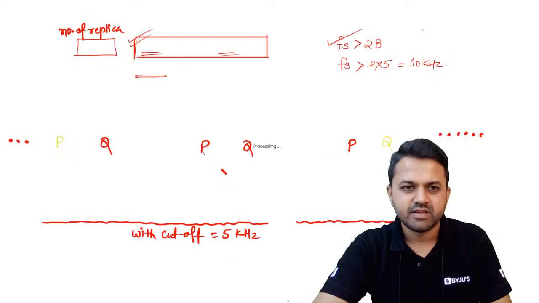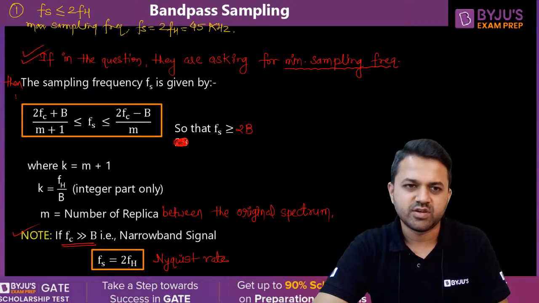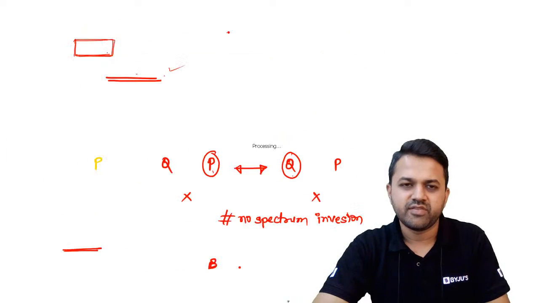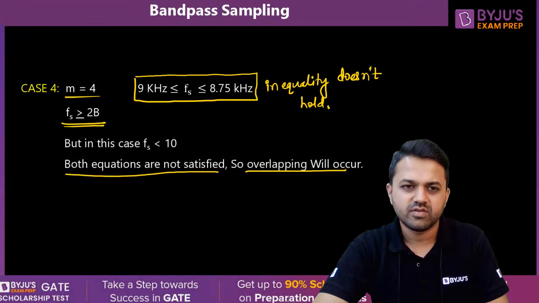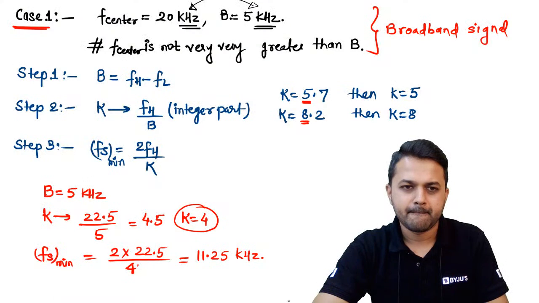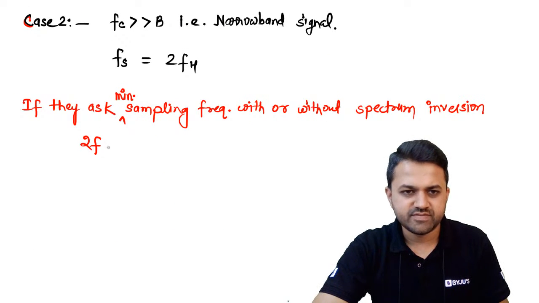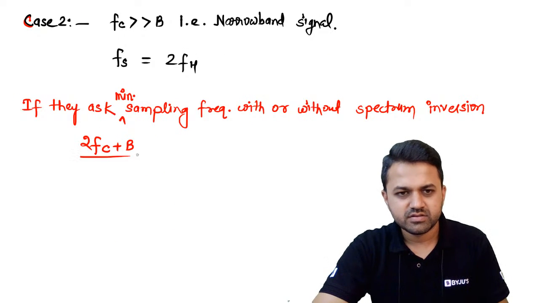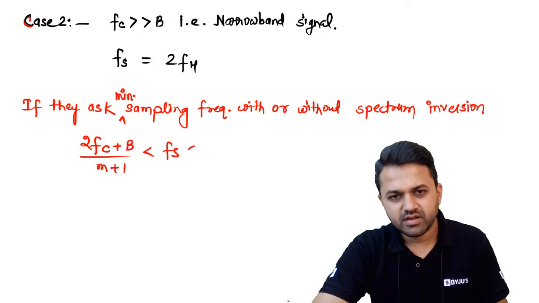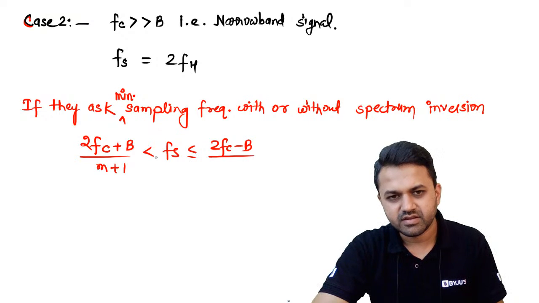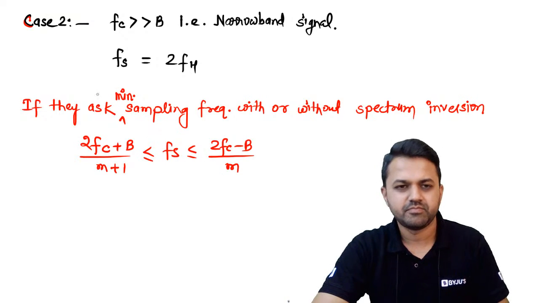What was that? The formula was this one: 2fc plus B divided by m plus 1, and 2fc minus B divided by m.